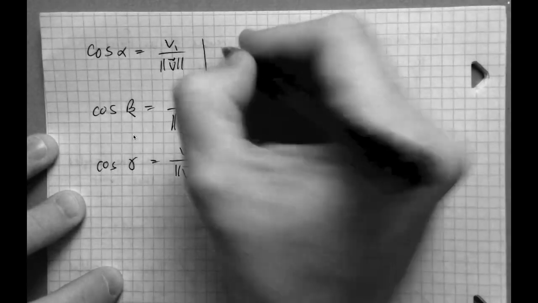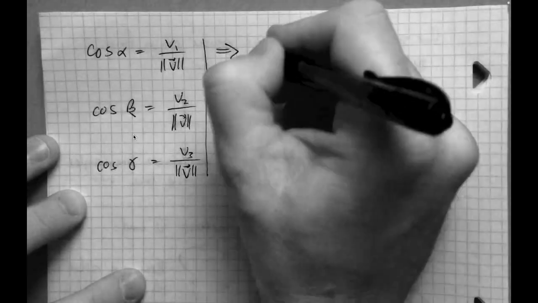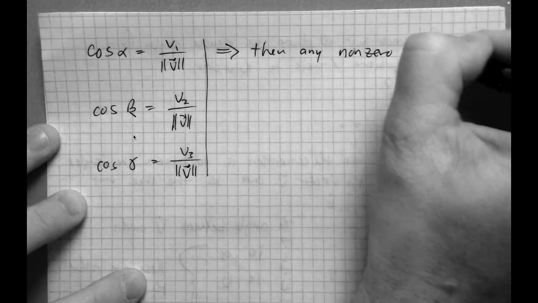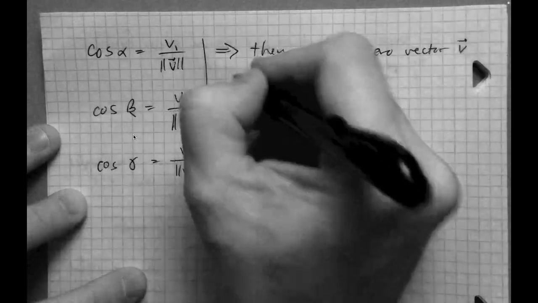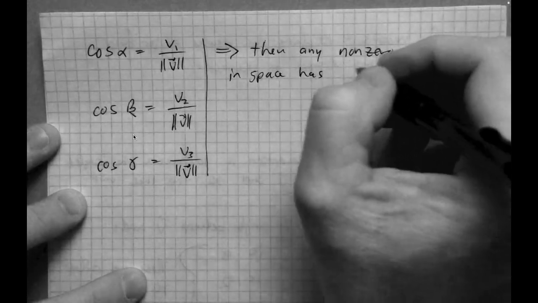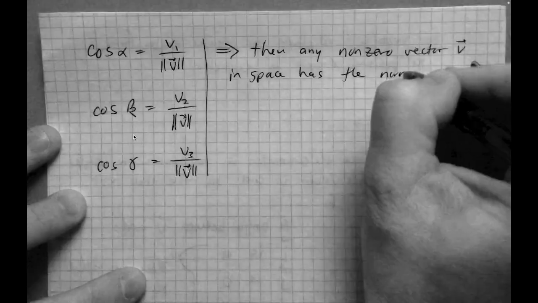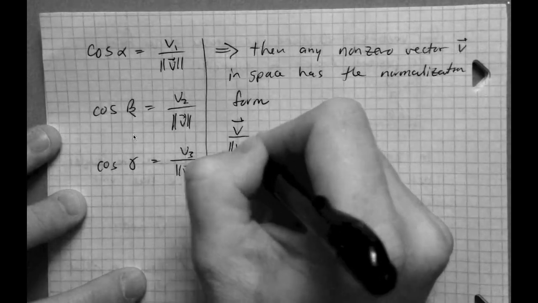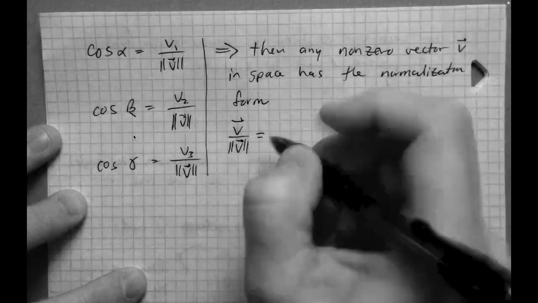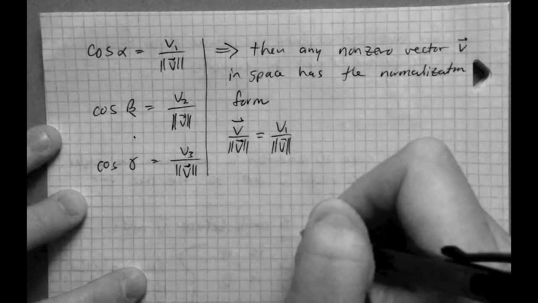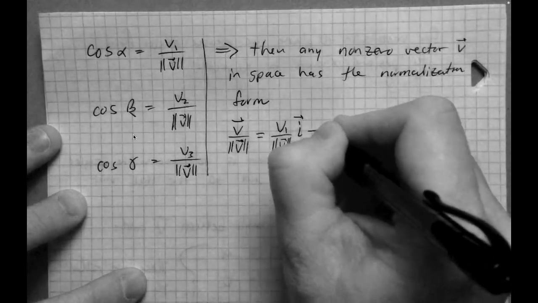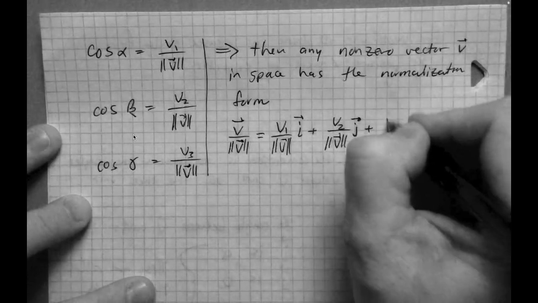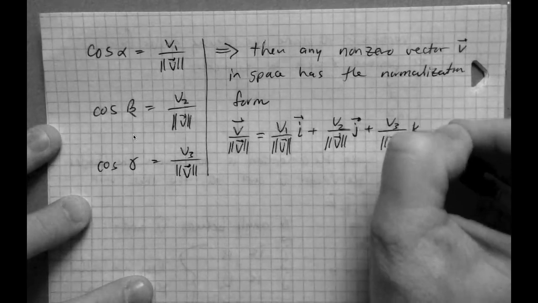All right, and so from this it follows then that any non-zero vector v in space has the normalization form: v over the norm of v is equal to v1 over the norm of v times the i vector plus v2 over the norm of v times the j vector plus v3 over the norm of v times the k vector.